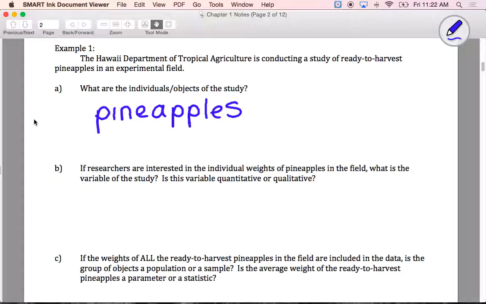For part B, if researchers are interested in the individual weights of pineapples in the field, what is the variable of the study? Is this variable quantitative or qualitative? So they are looking at the weights of the pineapples in the field.